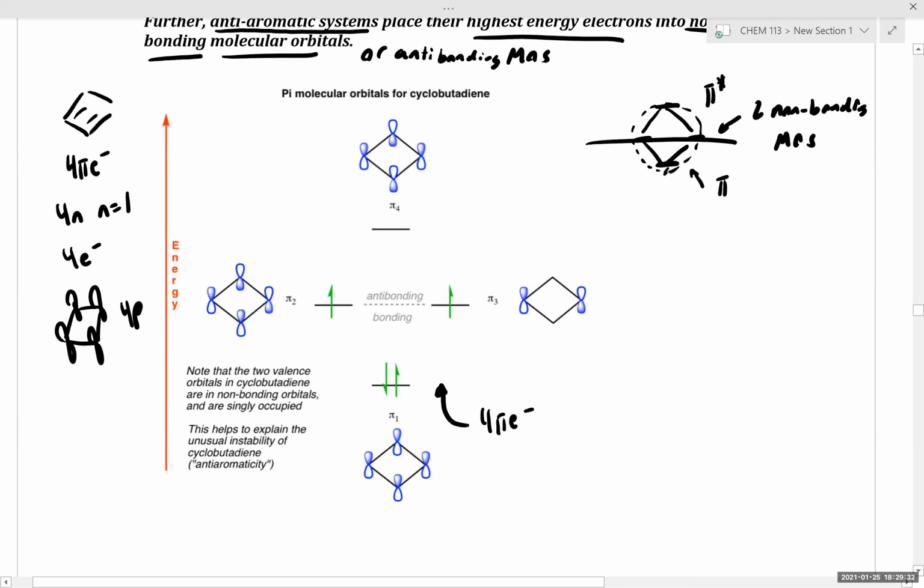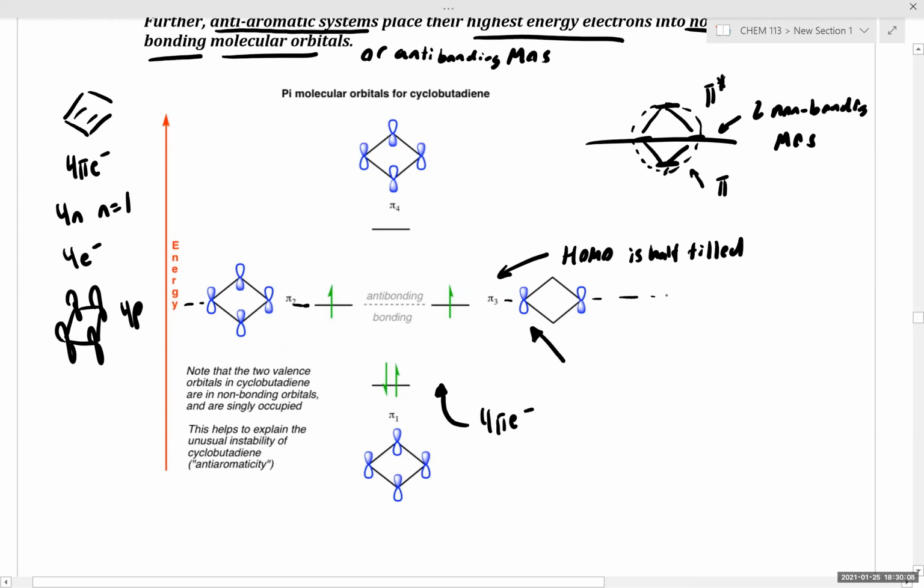Okay, so with that established, when we fill these orbitals from lowest to highest energy with our 4 pi electrons, we notice first and foremost that our highest occupied molecular orbital is half filled. That's a destabilizing interaction. Further, what orbitals are we filling up here? What do we call the orbitals right at 0 energy?